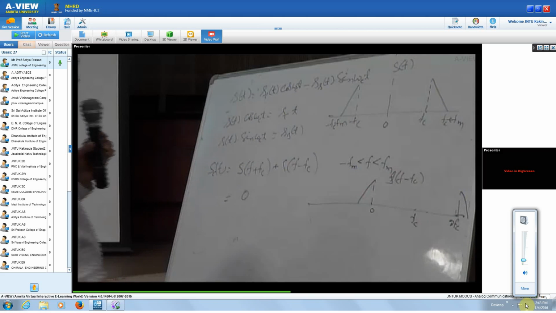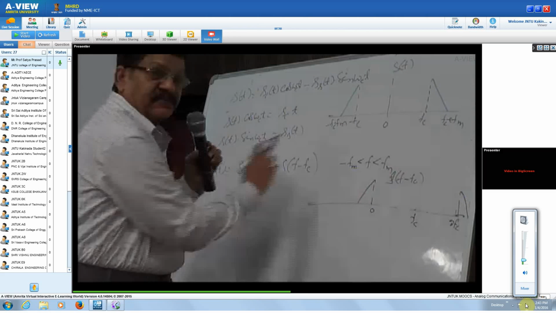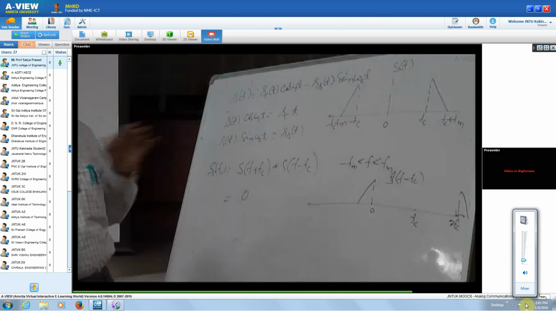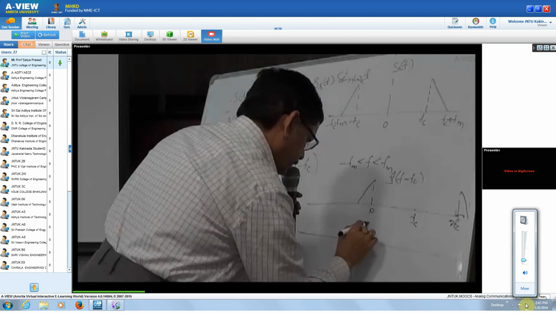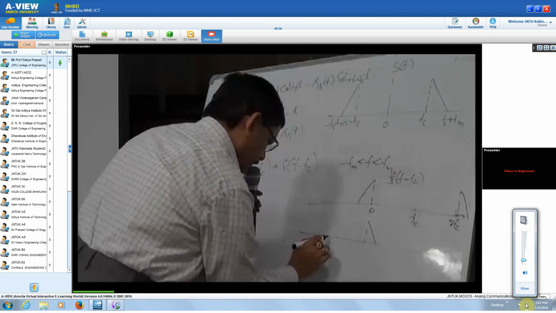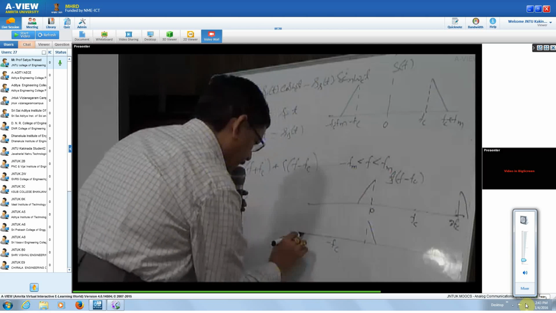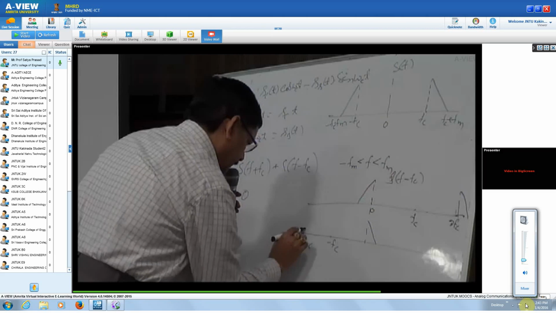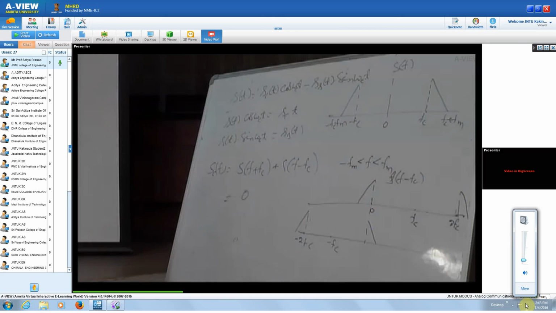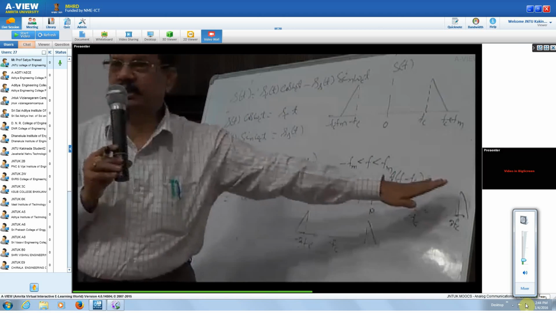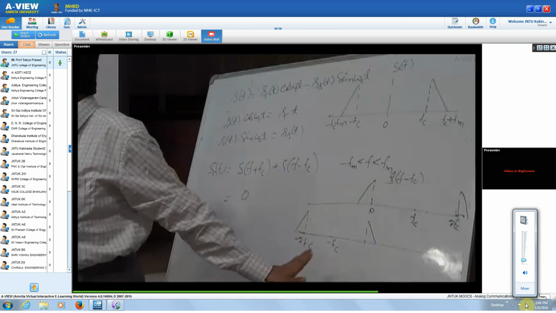What is S of f plus Fc? This is shifting towards the left. Therefore, we are going to have minus Fc and minus 2Fc. Okay? S of f minus Fc, and this is S of f plus Fc.